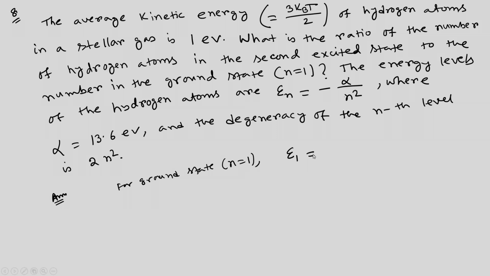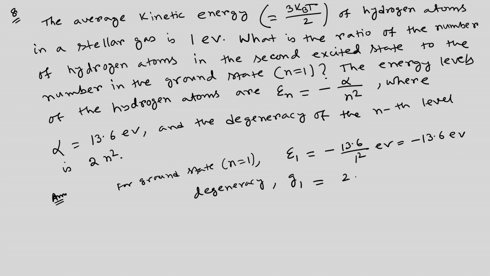The value of energy is minus 13.6 by 1 squared electron volt, which gives you minus 13.6 electron volt, and the degeneracy of the ground energy level, we say this is g_1, is 2 times 1 squared, so this gives us 2.